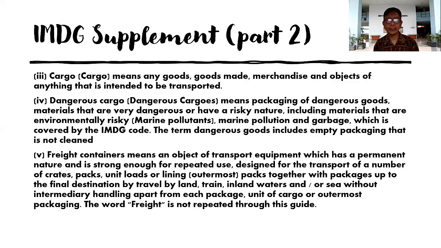So until the final destination by land, rail, inland waters and or sea, without intermediate handling of its contents. Apart from its package, unit of cargo or outermost packaging, the word freight is not repeated throughout this guide.